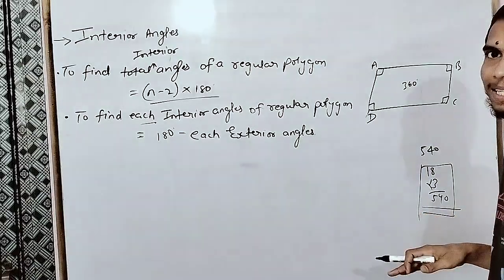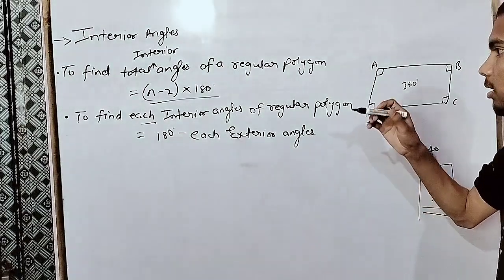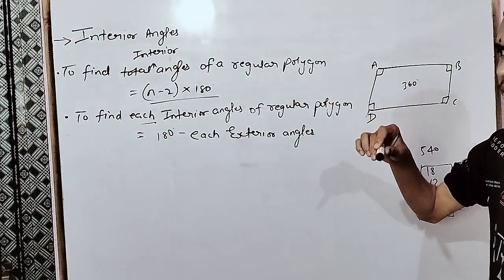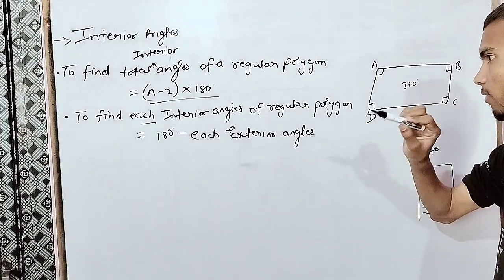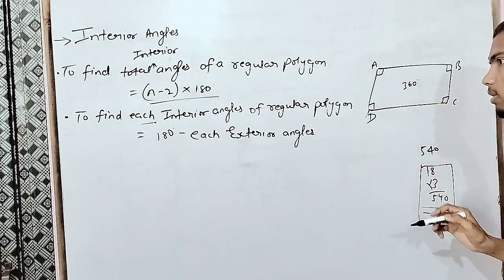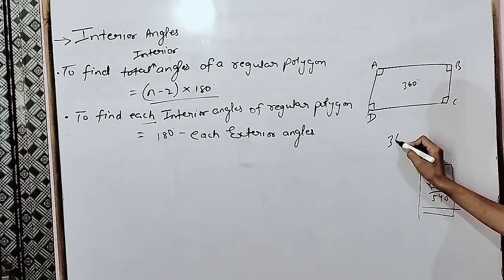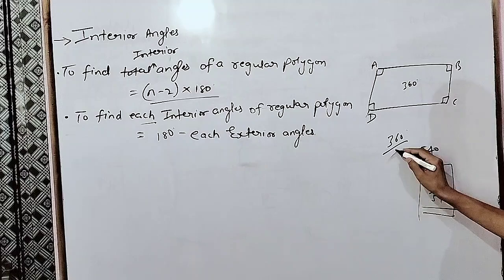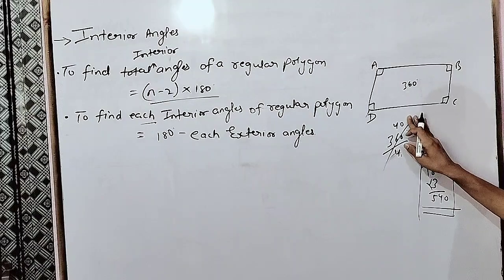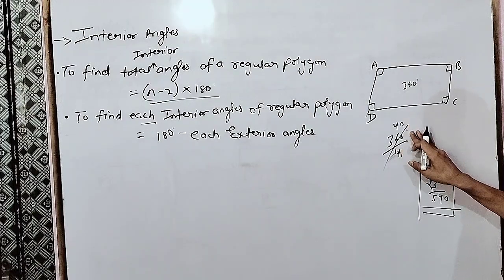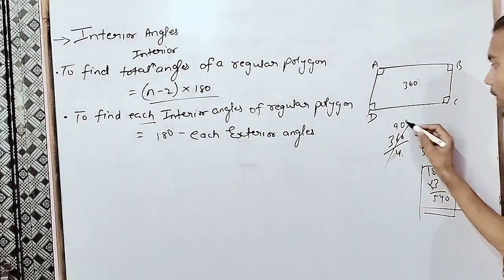To find each exterior angle, it is very simple. We just divide 360 by the number of sides of the polygon. 1, 2, 3, 4, so 360 by n, where n is 4.